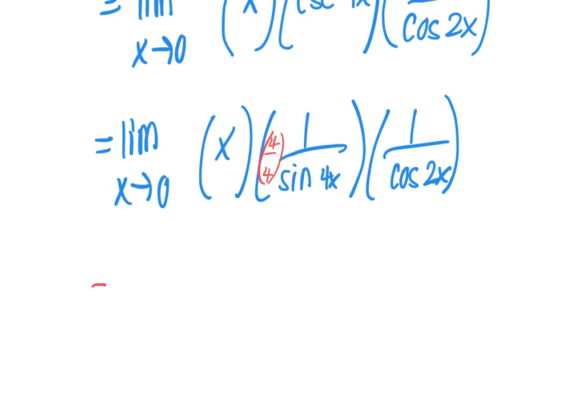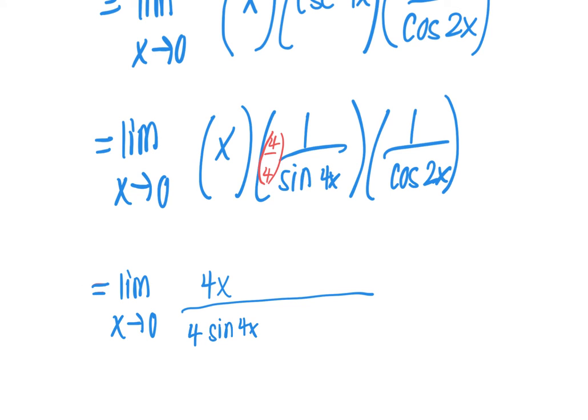Okay? So let's look. The limit as x approaches 0 of, we'll just write x times, I'm just going to multiply it all out, okay? 4x, 4 times, well, x times 4 times 1 is 4x, all over 4 times the sine of 4x times the cosine of 2x.